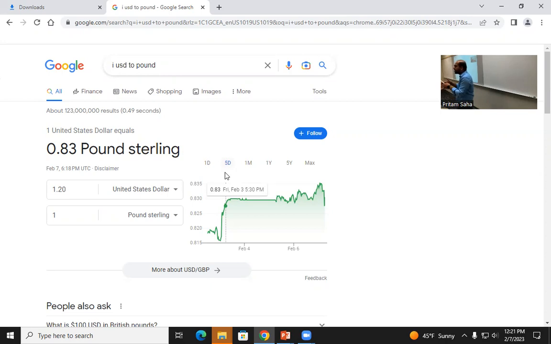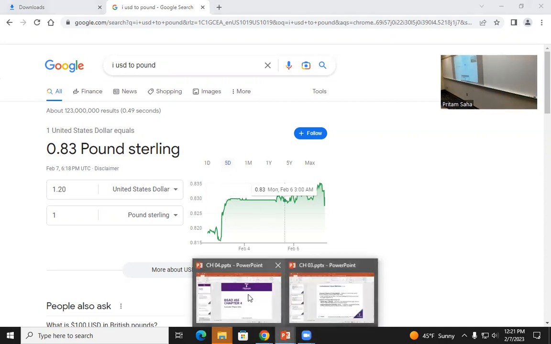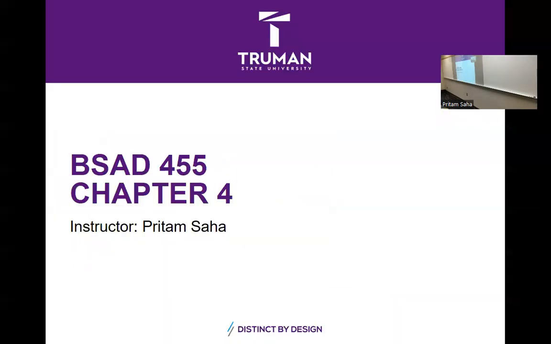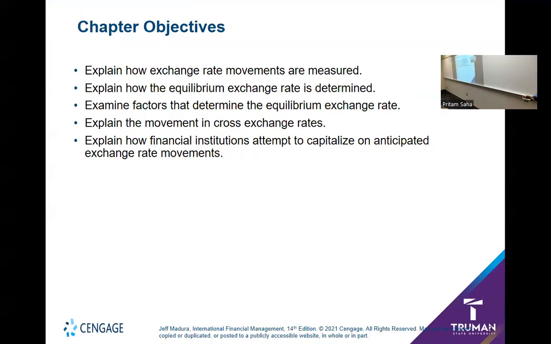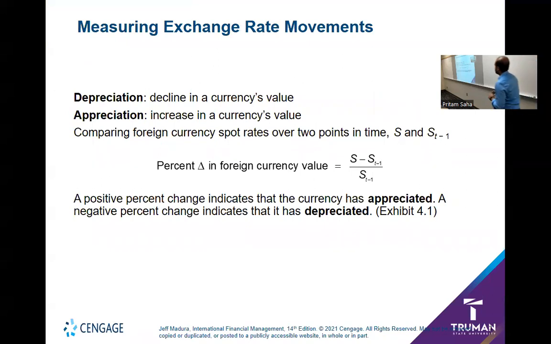If we look at the spot rate from time to time, why is it changing? Because the spot rate is not constant. Okay.